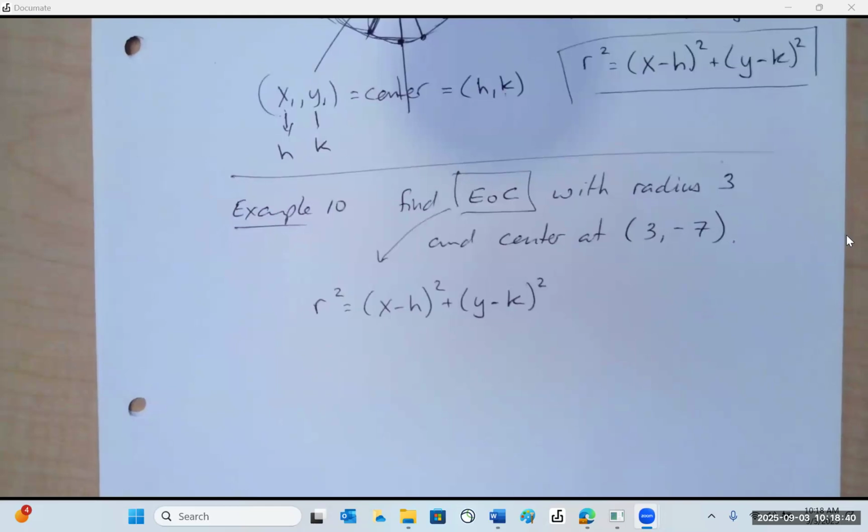Now, what do we put in there? What does it define for us? What about 3? Where does it go? Where do you think it would go in this equation?